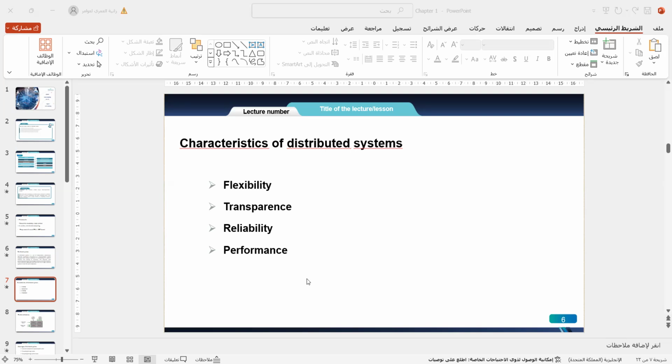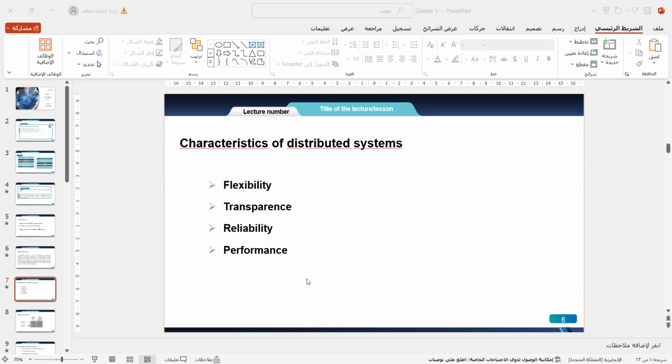Here it's also important to highlight the benefits and the challenges or risks of any distributed system.